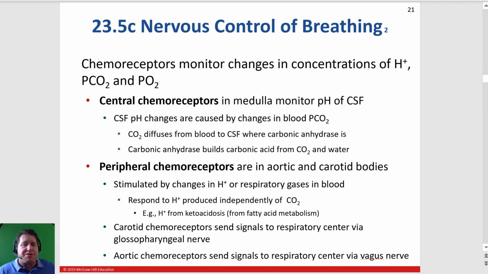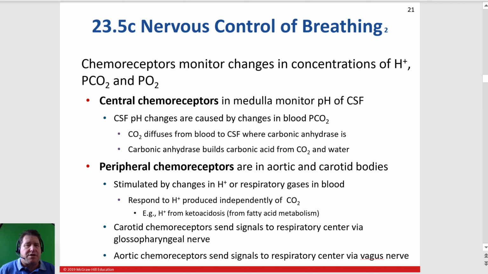And then peripheral chemoreceptors look at H plus in the blood. So it looks at the concentration of H plus, pH, concentrations of carbon dioxide, which are directly related to H plus. So H plus goes up as CO2 goes up.